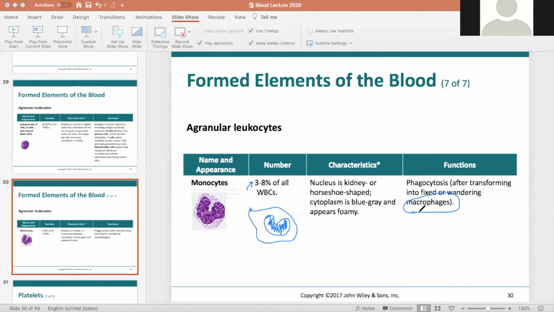After transforming into a fixed or wandering macrophage, we have phagocytosis in that process. So the characteristics are that it's a large, sloppier cell with a kidney-shaped nucleus.